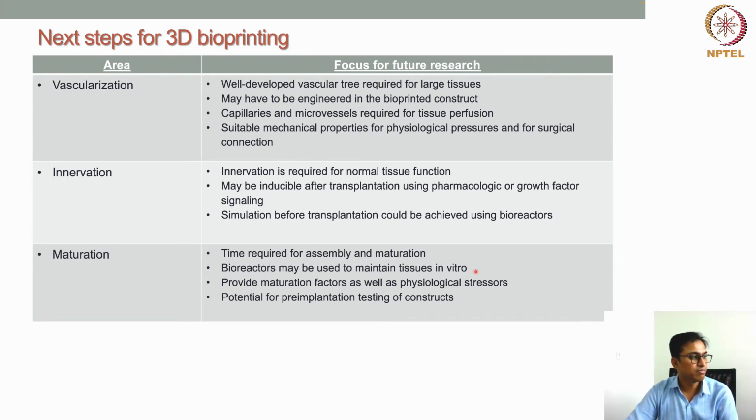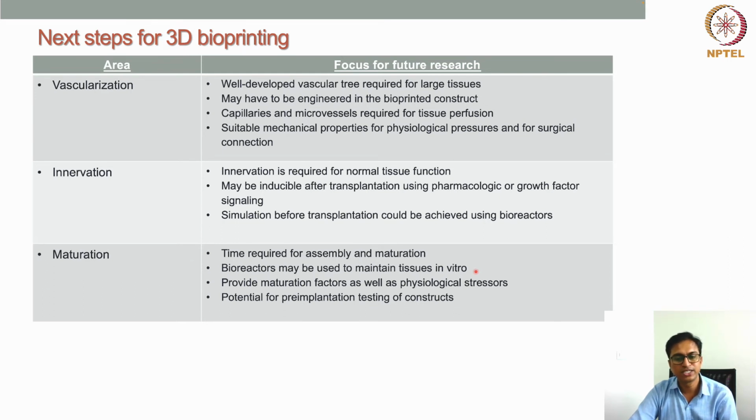Blood flowing through the tissue can also give some shear stress, which acts on the blood vessels. It has also been seen that shear stress helps in angiogenesis. So these things can also be provided within the bioprinted tissue constructs, and that is very helpful for growth or maturation.